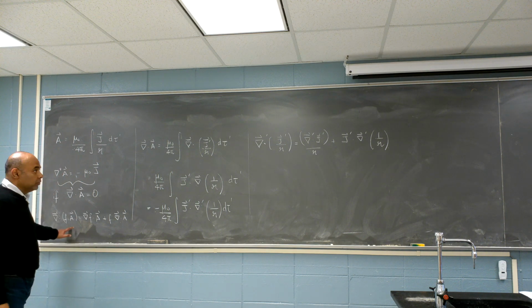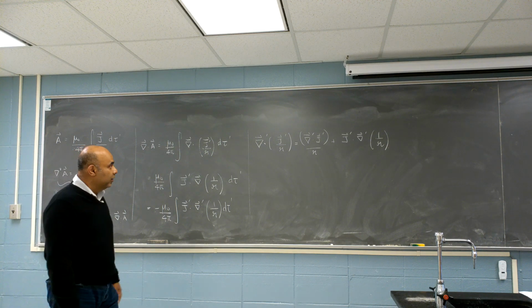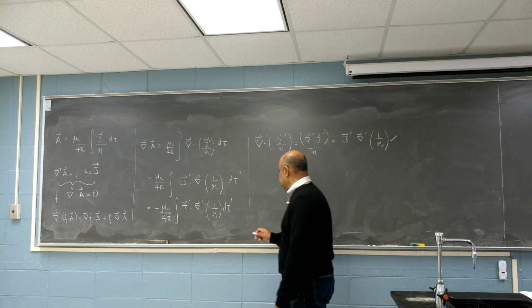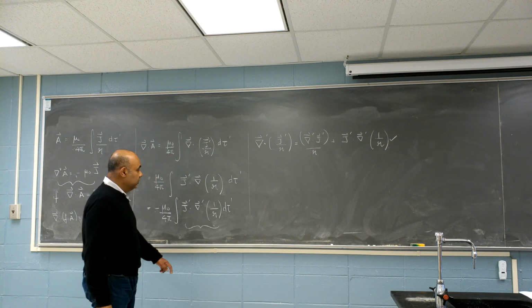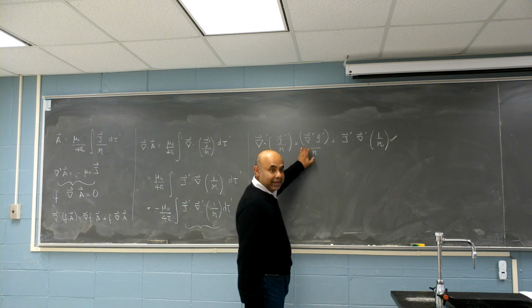I'm just rewriting this one more time, except with the prime variable. So now this term is exactly this term. So then I'm going to go back and substitute this minus that.